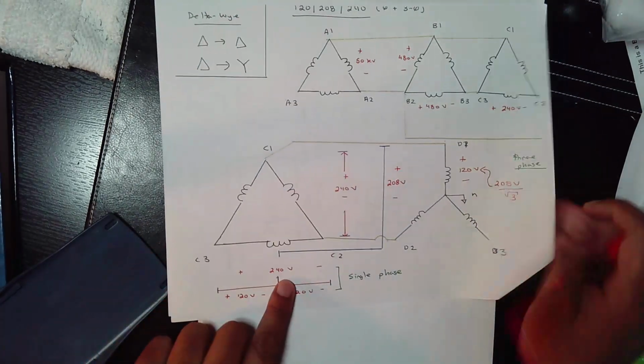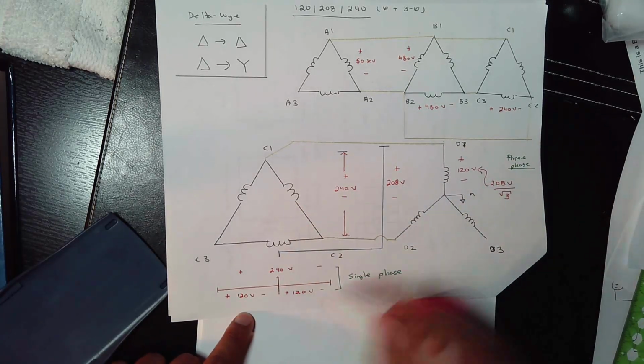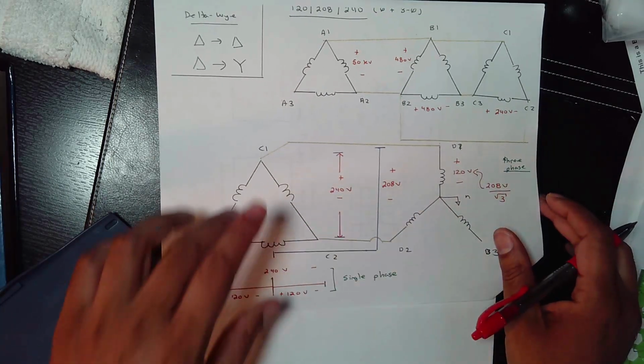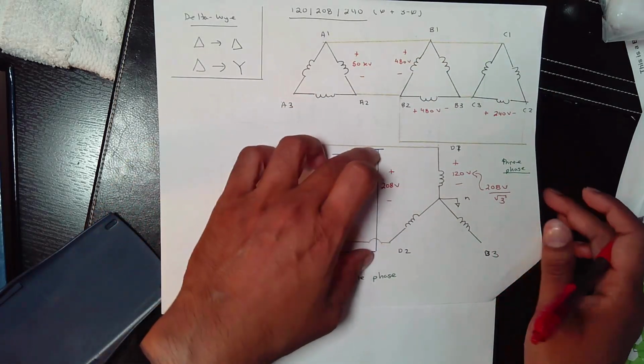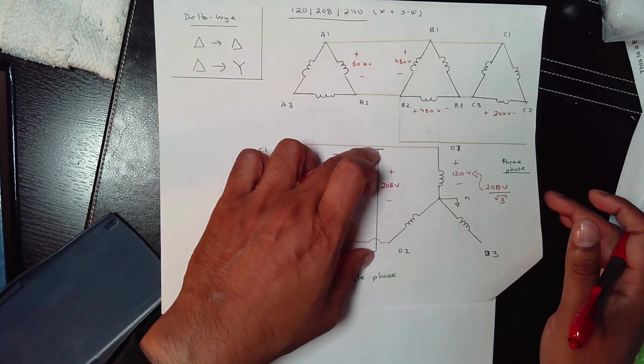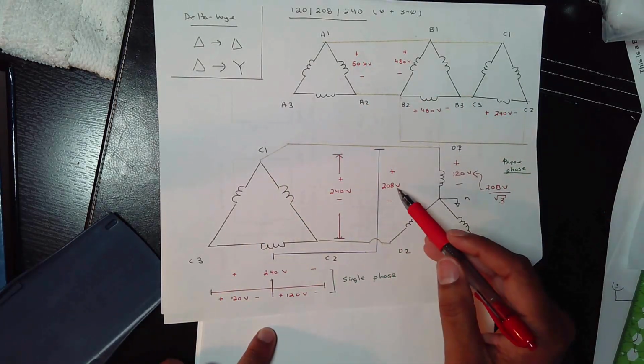You go 480 to 240, 240 straight to 120, no problem. In a 3-phase, you go 480 to 240, 240 high leg, 208, which you get from square root of 3 divided by 2.